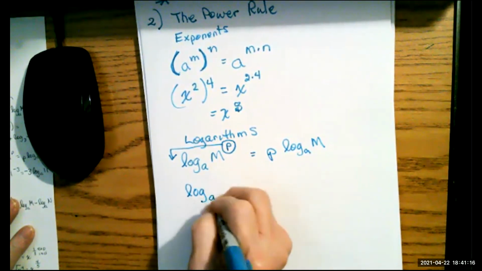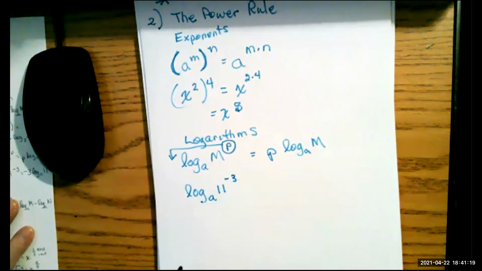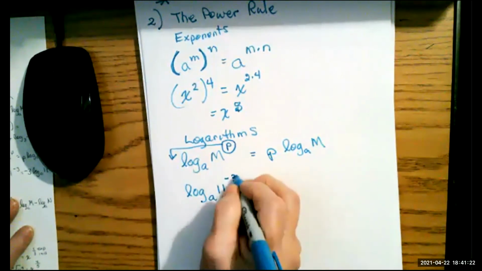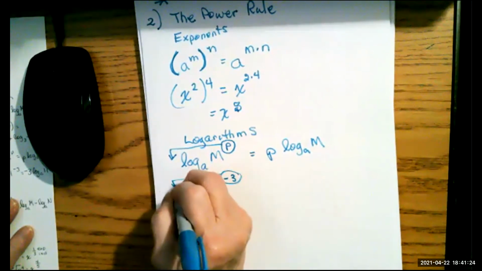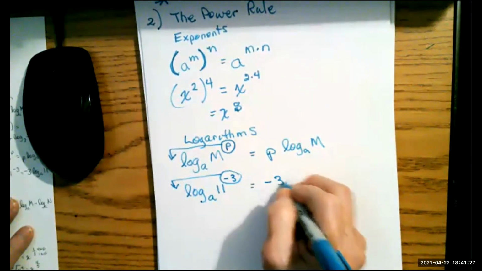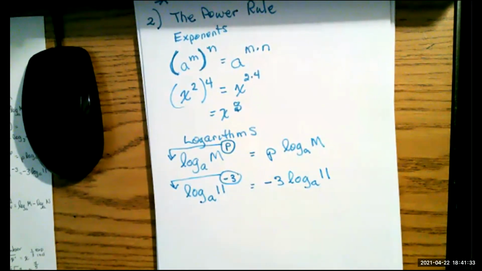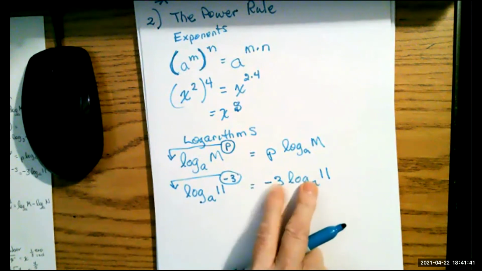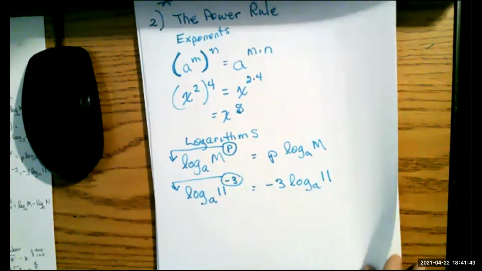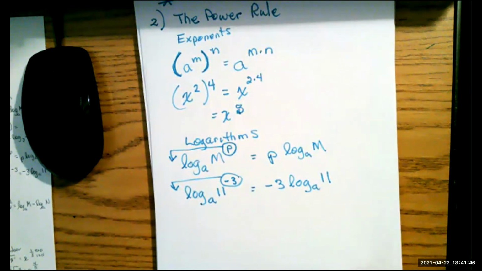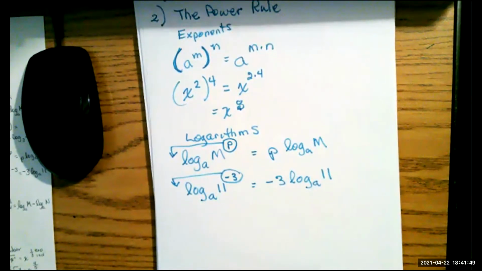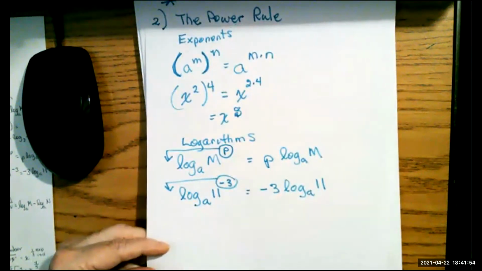If you have log base a of 11 to the negative 3, your negative 3 is going to come out in front, and you're going to have negative 3 times log base a of 11. See how you're multiplying these logs because they were exponents. This one you'll get to know. You won't have any problems learning it because we do it so much. Any questions on that?